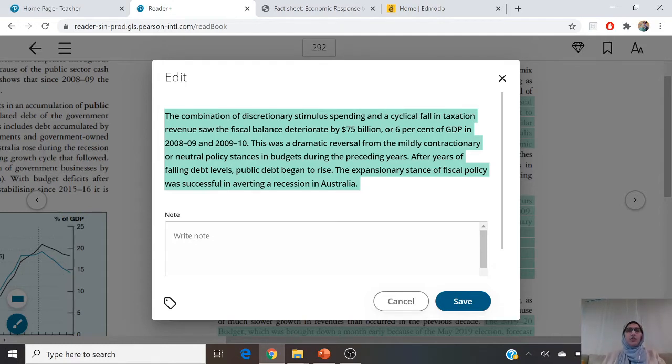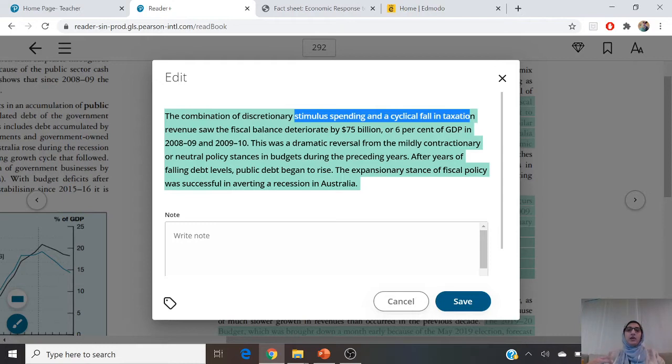The combination of discretionary stimulus spending and a cyclical fall in taxation revenue meant the fiscal balance fell by $75 billion, or 6% of GDP, in 2008-2010, mainly because the government was giving a lot of discretionary stimulus spending and there was a cyclical fall in taxation. So they reduced taxation revenue because, again, people were suffering. We almost hit a recession in the GFC.